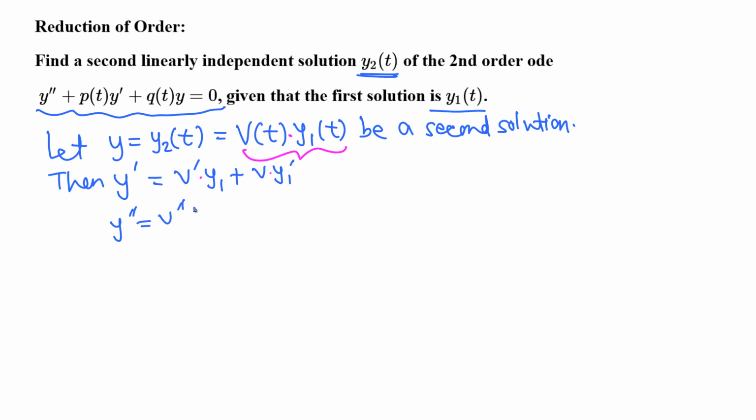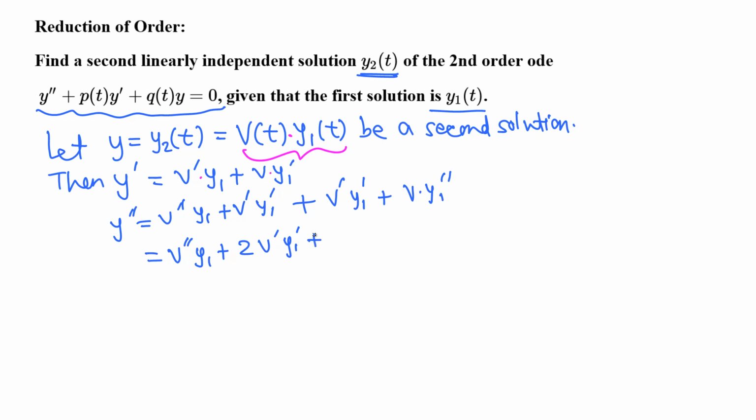So v double prime y1 plus v prime y1 prime plus another product rule, v prime y1 prime plus v y1 double prime. We can combine these two terms. So this is v double prime y1 plus 2 copies of v prime y1 prime plus v y1 double prime. Okay, now let's plug these into the ODE.